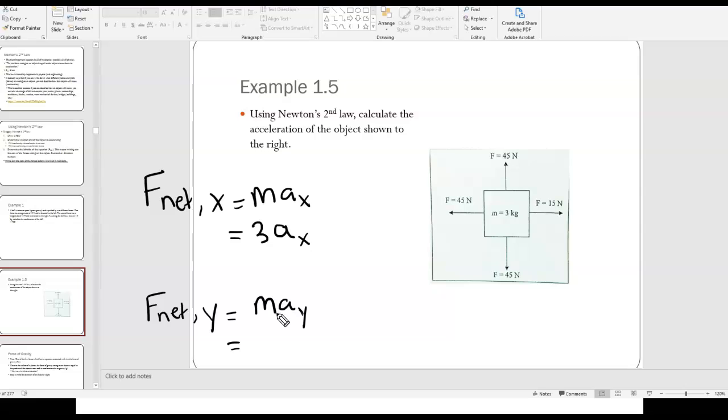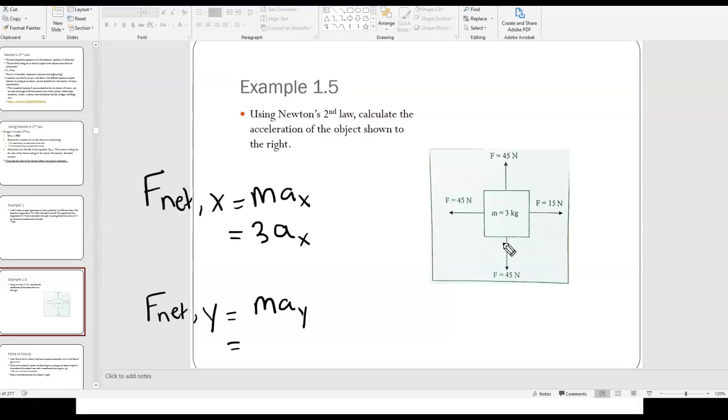Okay, again, I'm still on step 2, determine if the object is accelerating. I look at the y forces. Is the object accelerating based on the free body diagram? No, at least not in the y direction, because if I have 45 newtons up and 45 newtons down, that means the net force in the y direction is 0. That means there's not going to be any acceleration in the y direction.